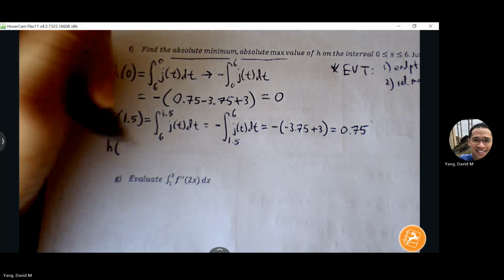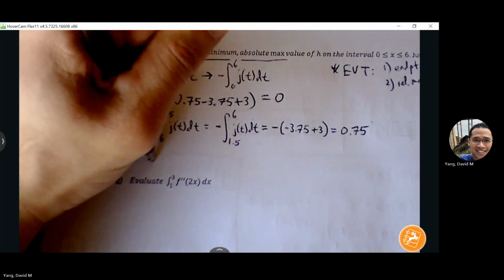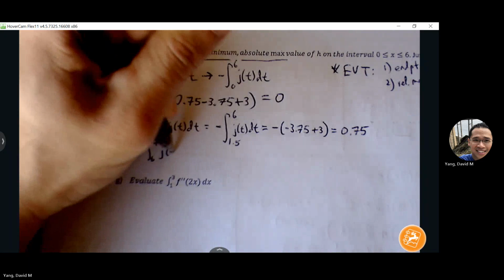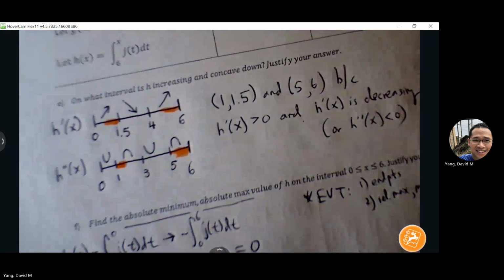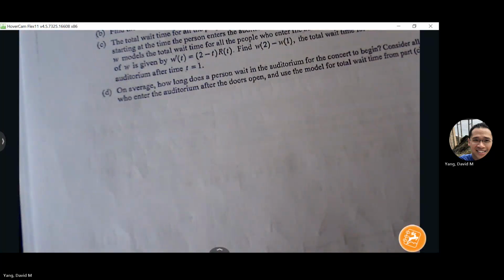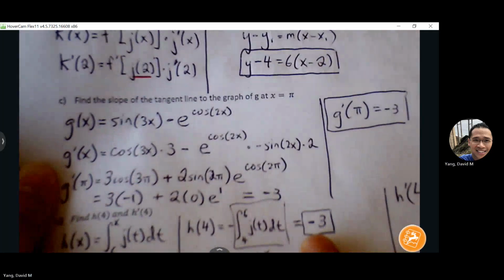H of 4. We found h of 4 from the previous page, right? H of 4 is just -3.